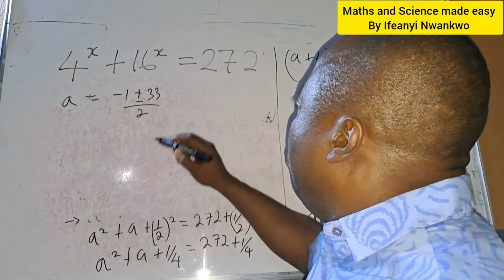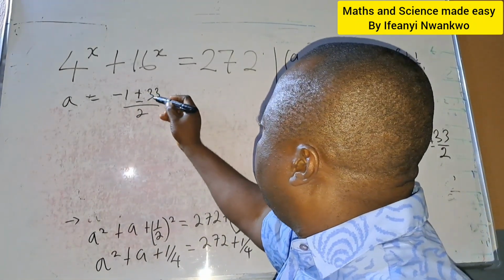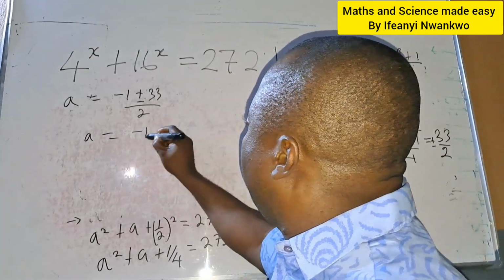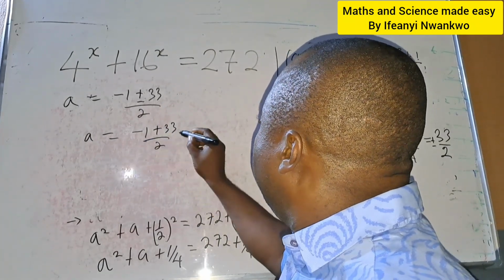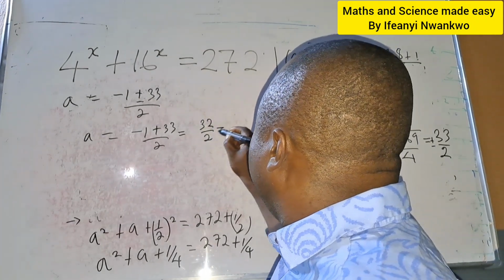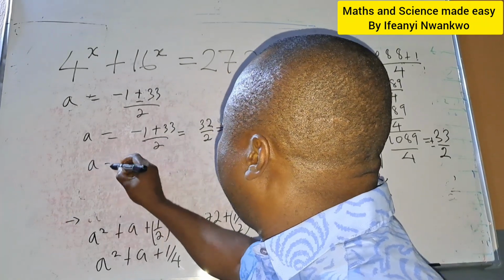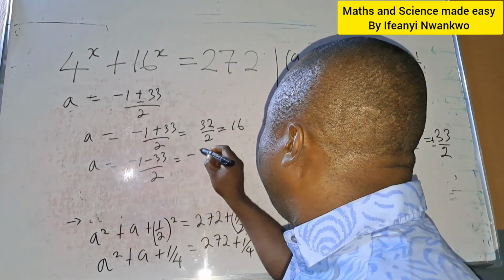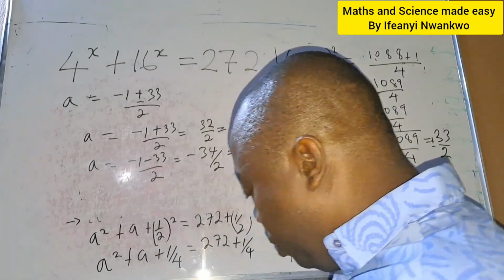So when the square root is plus 33 over 2, we have a equals minus 1 plus 33 over 2, which is 32 over 2, which is 16. Or a equals minus 1 minus 33 over 2, which is minus 34 over 2, which is minus 17.